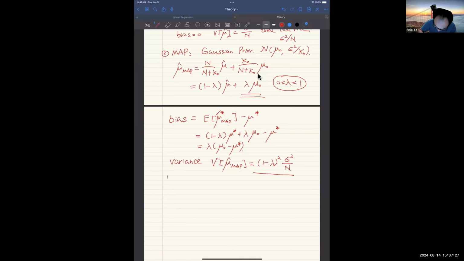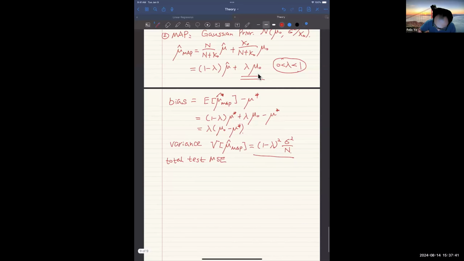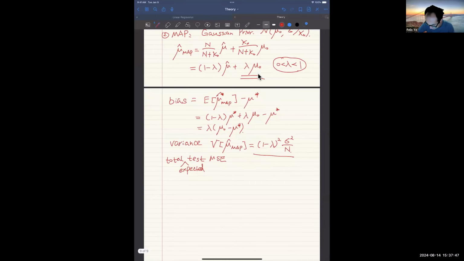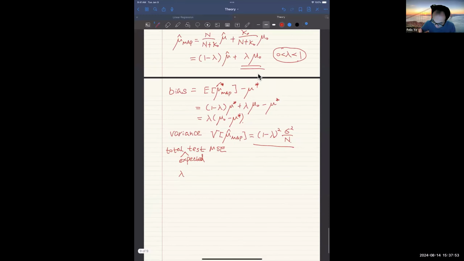So then the total expected test MSE will be lambda squared times mu 0 minus mu star squared plus 1 minus lambda squared times sigma squared divided by n.